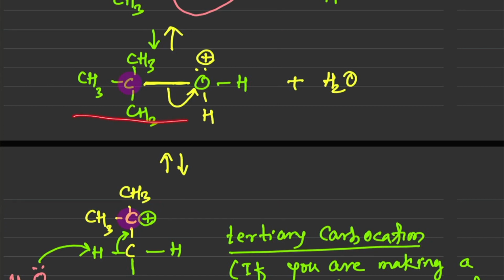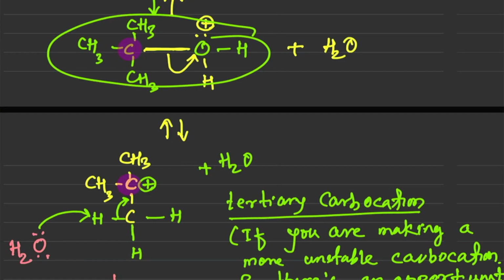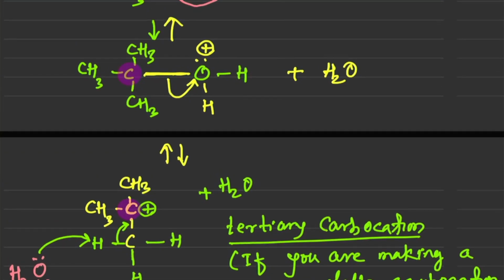So you have a molecule that's split into two. It's split into this carbocation plus water, right? So this is the rate determining step. So in this rate determining step, how many molecules are involved? Well, only one molecule is involved.